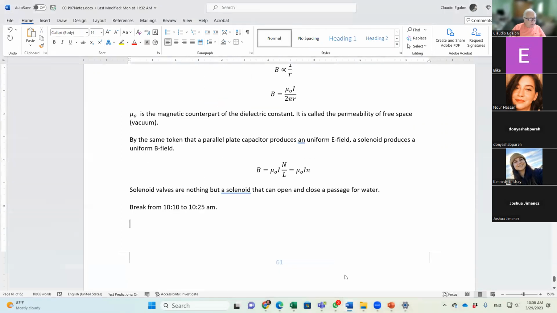Let me write down my notes too. Lab reports for labs 3 and 4 are due now.